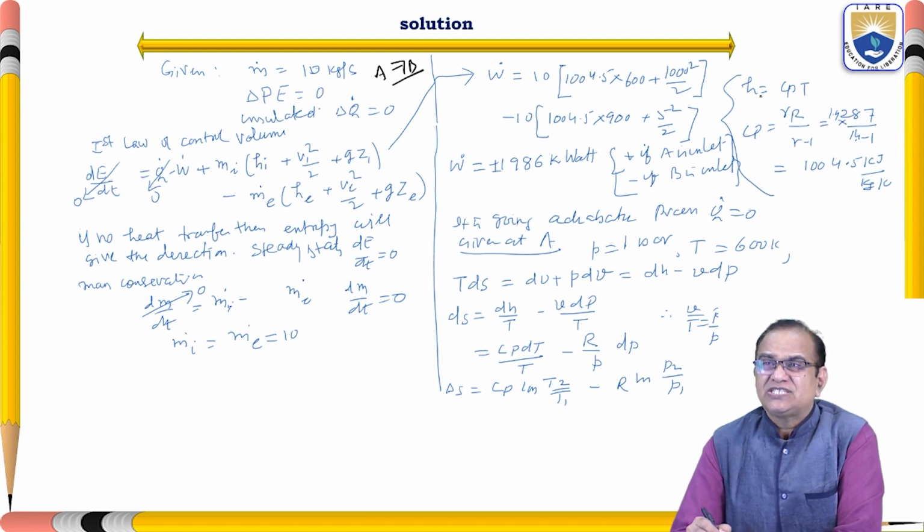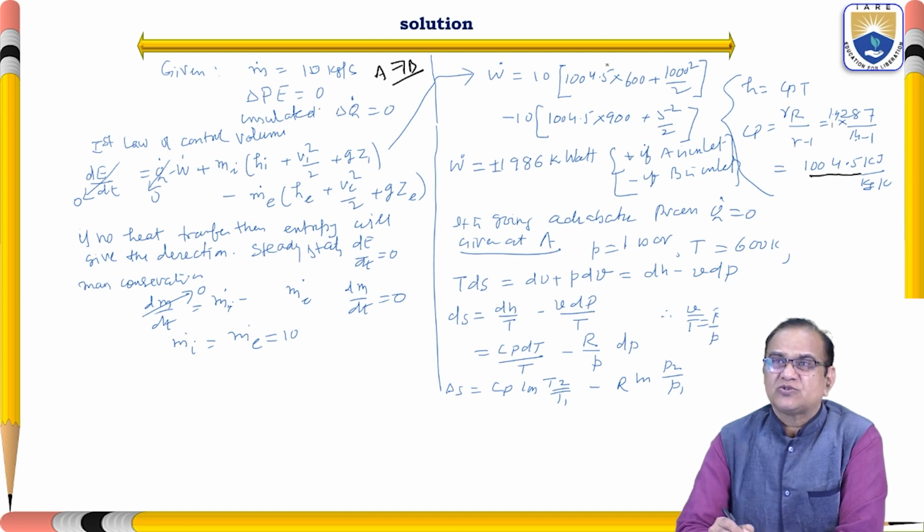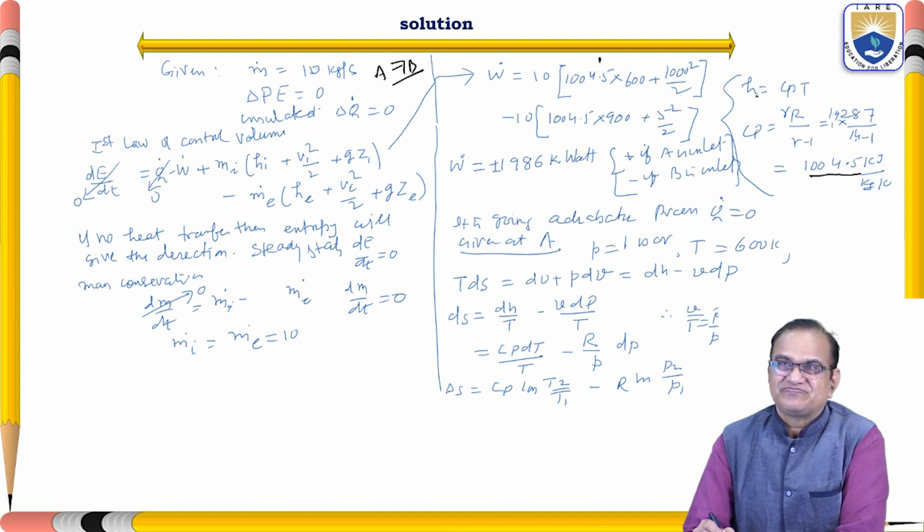Here this h is equal to Cp times T, and Cp is equal to gamma R by gamma minus 1. So if we calculate, we will get 1004.5, and so this is put from here. This is the h_i.